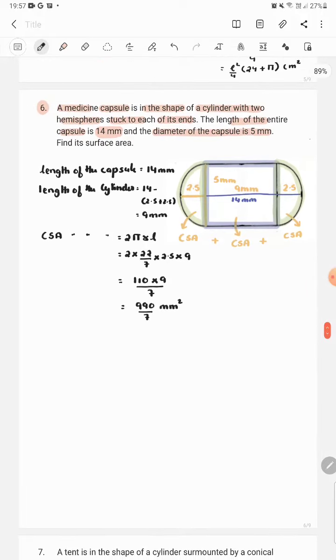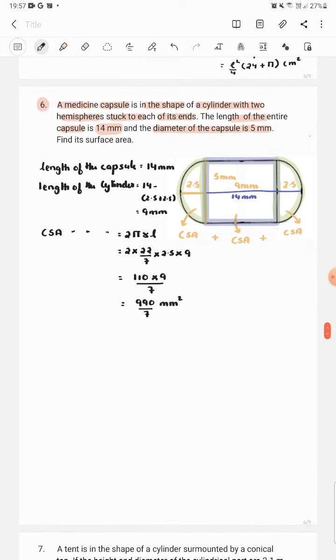Now we will find the surface area of the two hemispheres which are at the end of the capsule. So radius of the hemisphere is equal to 2.5 millimeter.